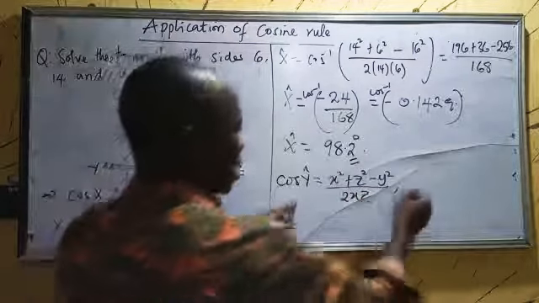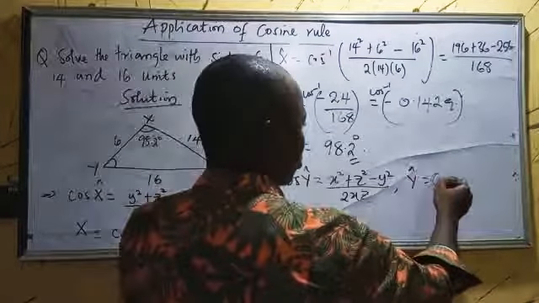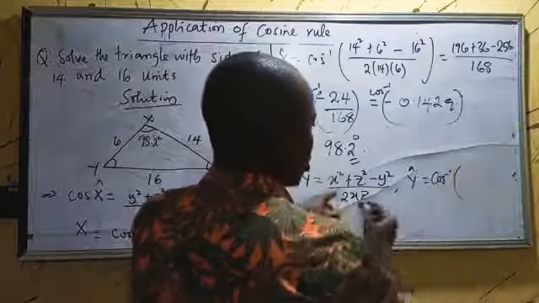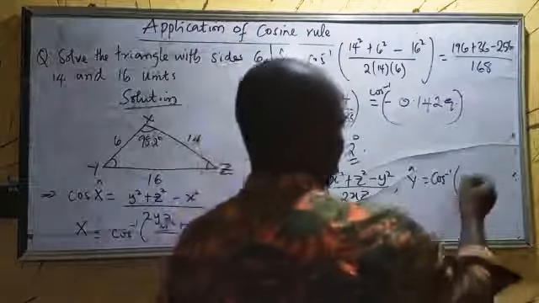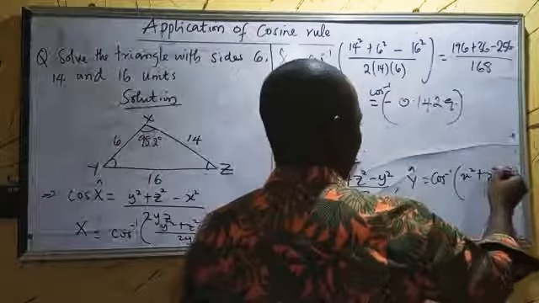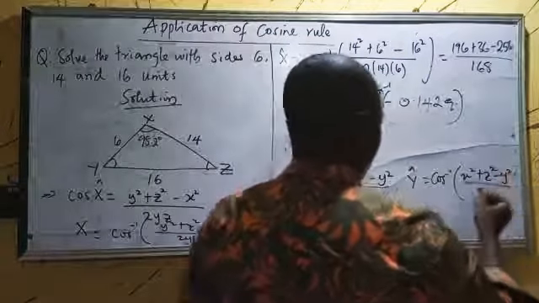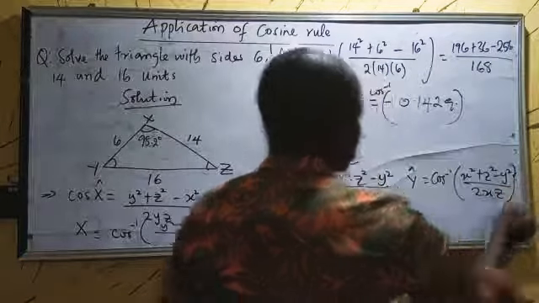So automatically we have y equal to cos inverse of x squared plus z squared minus y squared all over 2xz. Are you getting it now?